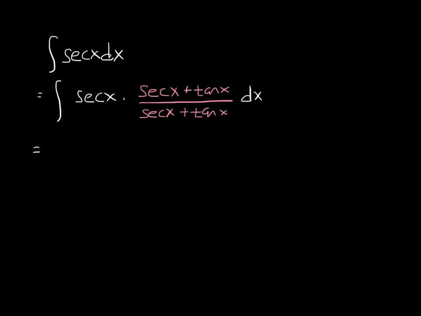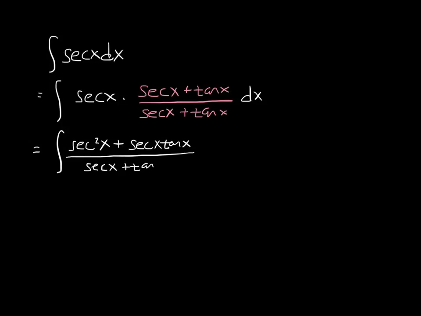Then in the numerator we get secant squared plus secant tan over secant plus tan.